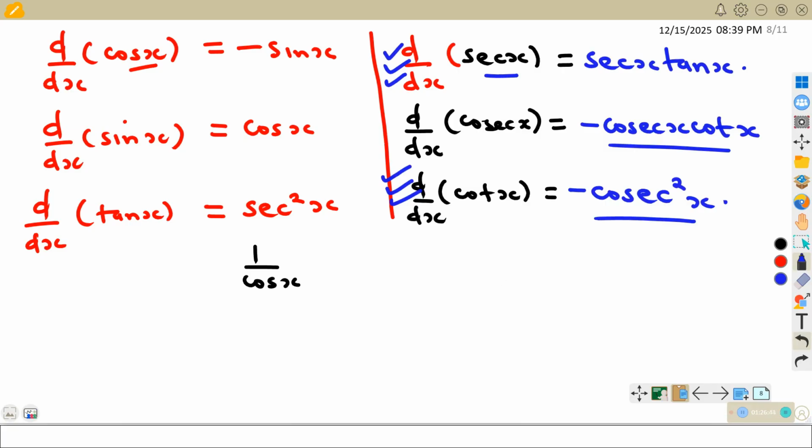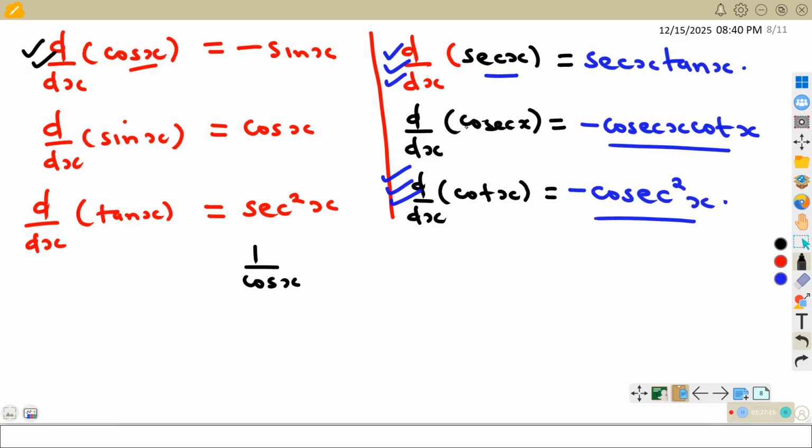From these few expressions that we have seen, we can now come up with a general conclusion. If you look at differentiating cos of x, we got a negative sign.